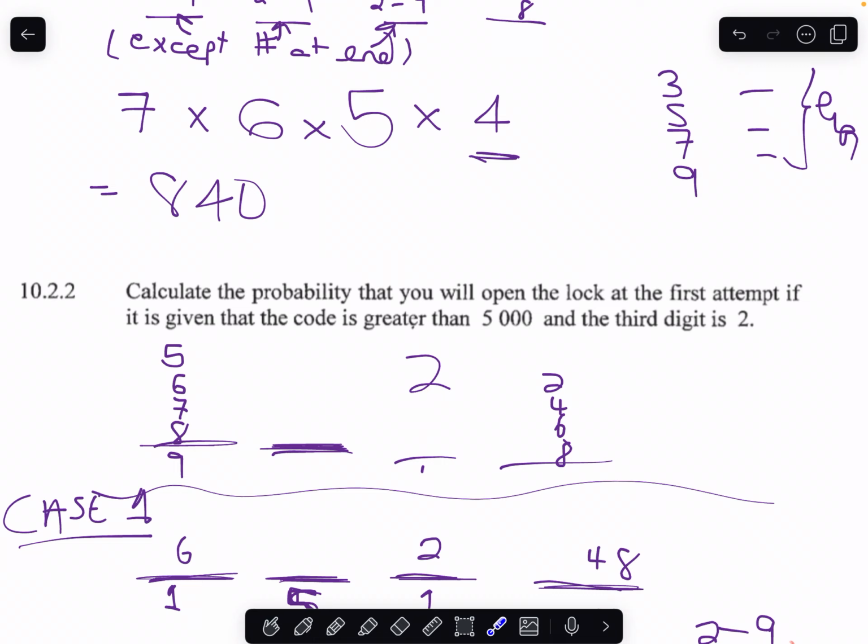I genuinely feel like 65 out of 840 is the probability that the combination is a number that satisfies these conditions. It's greater than 5,000 and the third digit is 2. And all the other stuff, well, no, never mind. Well, kind of, it is even numbered and all of that stuff from the first question. So I'm definitely okay with agreeing to disagree with the memo on this one.